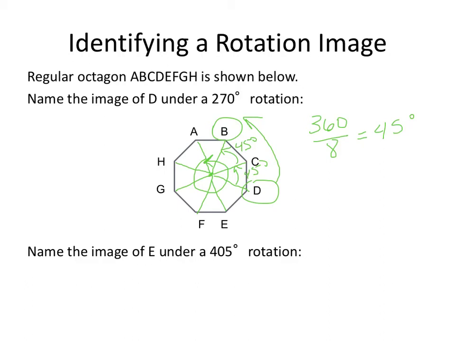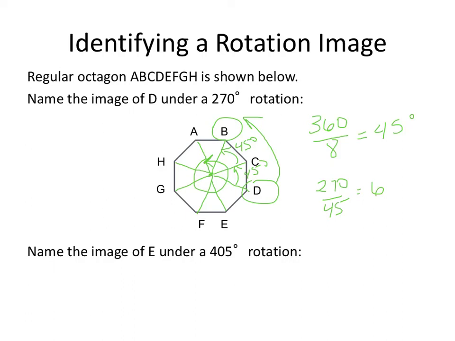Okay. Now, another thing we wanted here was to name the image of D under a 270 degree rotation. Well, since we know that if we're going to have it lie atop each other, we need to divide it by increments of 45. 270 divided by 45 is 6.